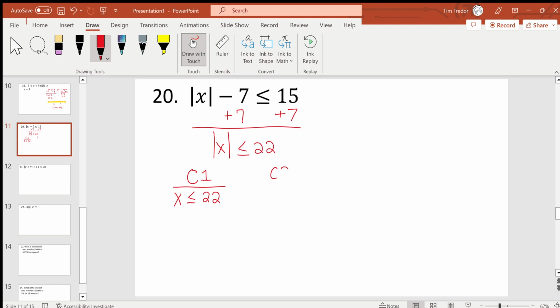Case 2. For this one, you're going to replace the absolute value with negative parentheses. Everything else the same. Case 1 is already solved for us. X is less than or equal to 22.